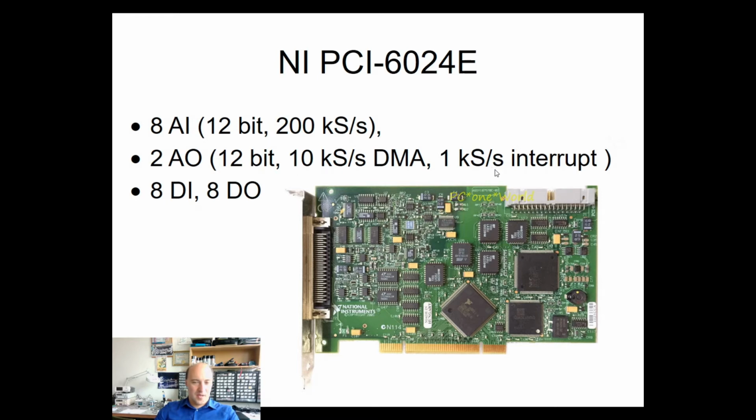On the other hand, the DMA mode, DMA stands for Direct Memory Access, works in a different way. You program how many samples you want and what sampling frequency you want, and where the data should be stored.